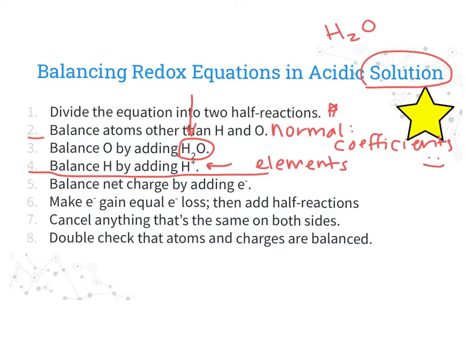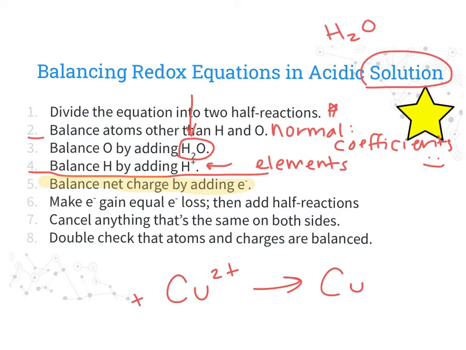Because then there's the electron piece. And remember, this is why this is so tricky: you have to deal with electrons. You'll notice on each side that not only do we have to balance the elements, we now have to balance the charge. For example, if I have a copper 2+ on one side and a copper that's just a solid, not an ion, on the other side, the elements are balanced, but the charges are not. So we're going to add electrons.